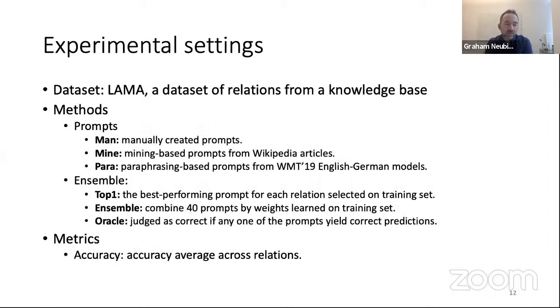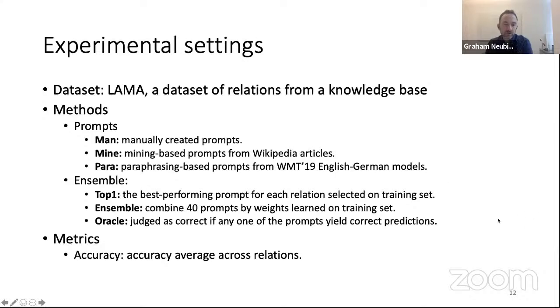And the methods that we experimented with are using manually created prompts. So these were created by the authors of the previous paper, Petroni et al. We use our mined prompts, mined from Wikipedia articles, and also paraphrased prompts.